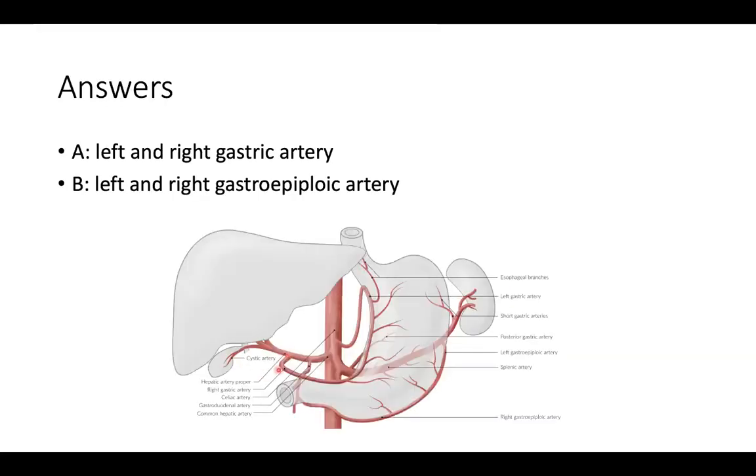Basically the left and the right gastric arteries come from the celiac trunk, which is right over here. You can see this is the celiac artery or the celiac trunk, and then the branches come out and anastomose towards the lesser curvature, and same goes with the greater curvature. The right and the left come together and anastomose.